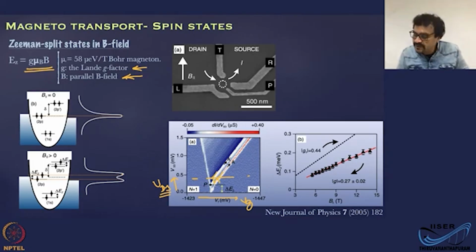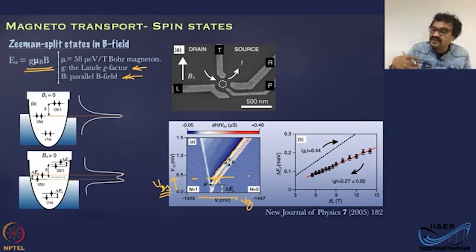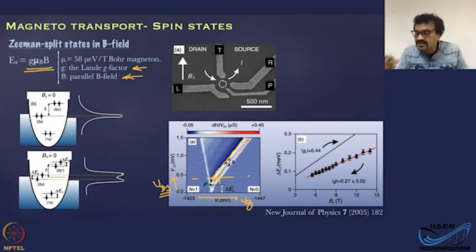So you have the initial Coulomb diamond. This is one edge of the Coulomb diamond. Then you are going to have parallel lines which represent the splitting at the edges of the diamond. The diamond these lines run into tells you that the Zeeman split states correspond to that charge configuration.